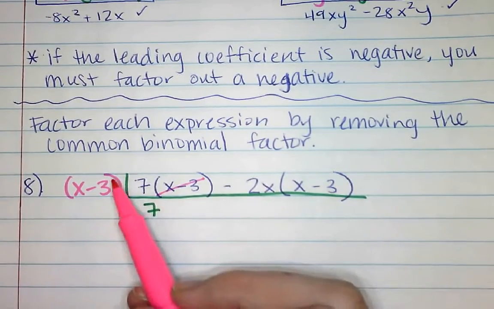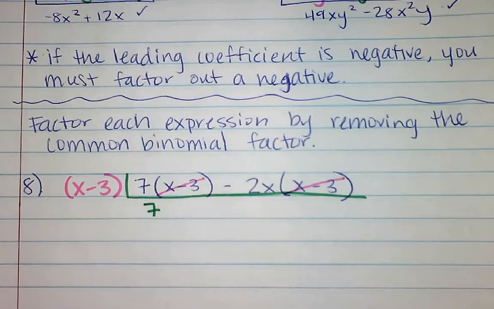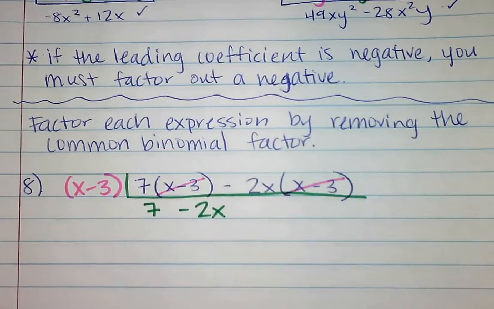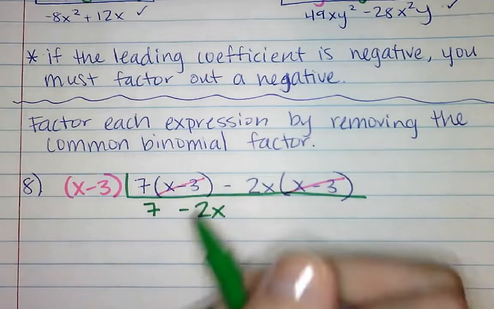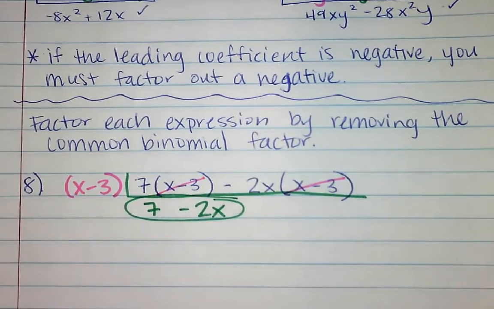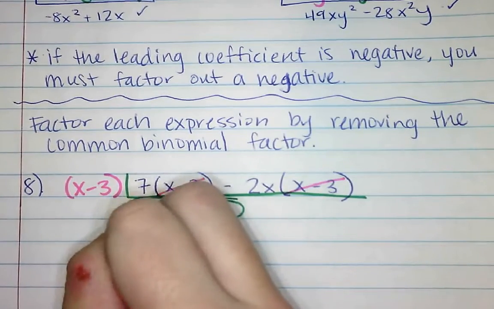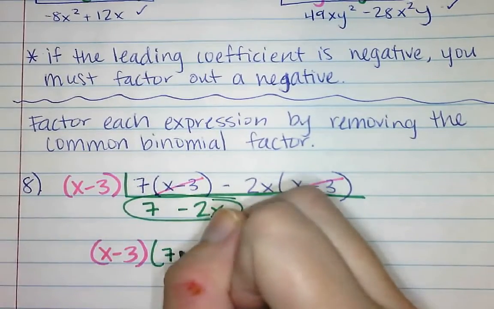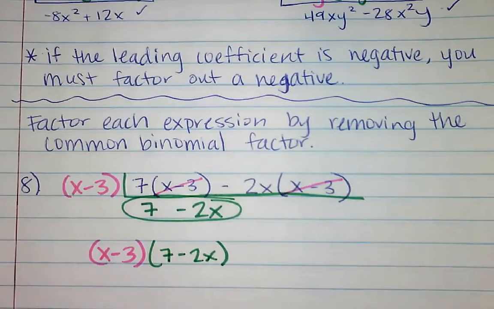Negative 2x. So now, my two factors are this guy, x minus 3, times 7 minus 2x. Do y'all feel okay with that? We took out a common binomial factor.